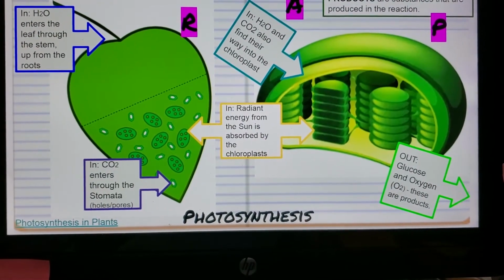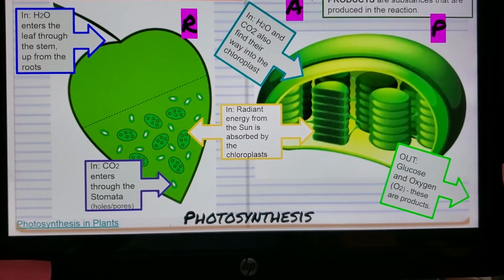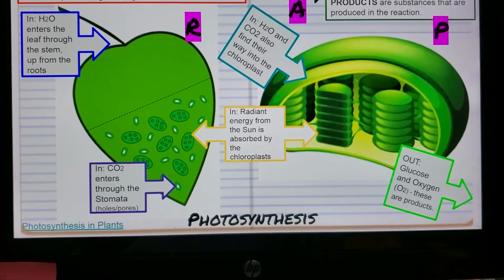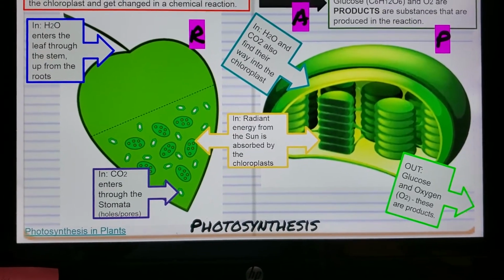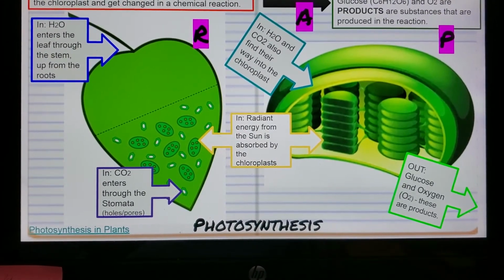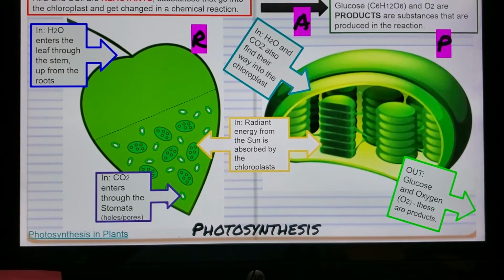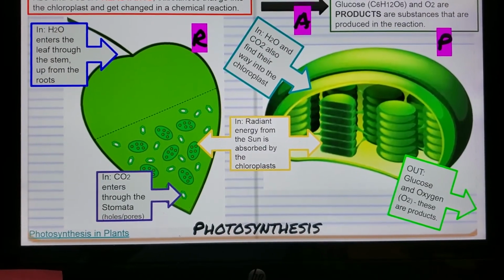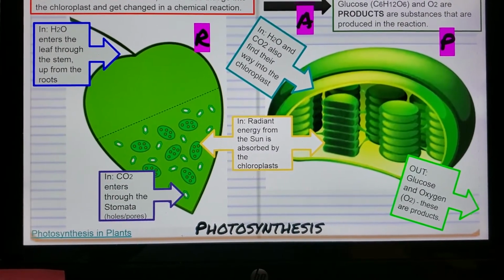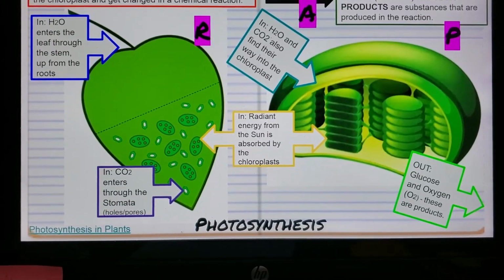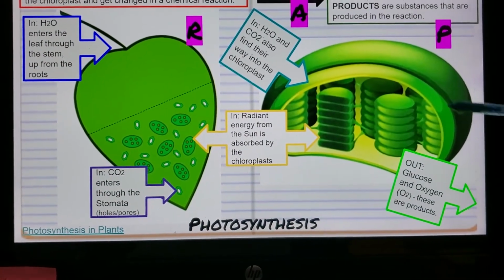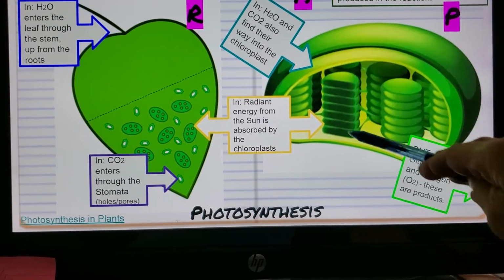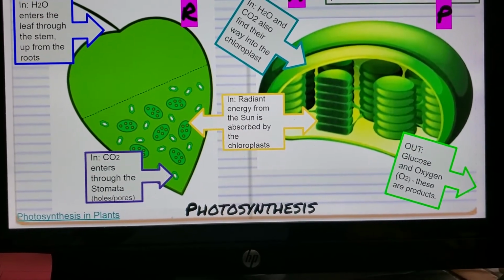Again, in reviewing our wrap, we see that the reactants are the water and the carbon dioxide that come into the leaf, as well as the radiant energy. Then we zoomed in and said that's all happening right here in our chloroplast.